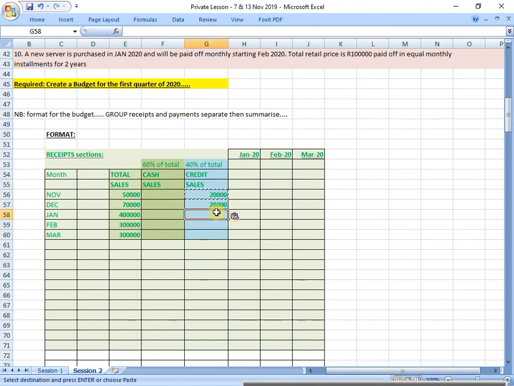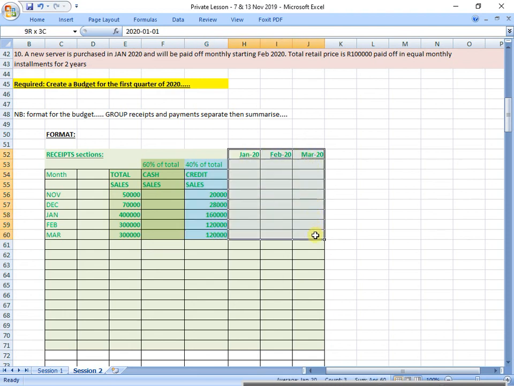Credit sales, 40% of that, 160. Okay. 40% of this, 40% of this. Right, because the question said 40% of the total sales is credit. So now you've got the cash sales and you've got the credit sales.